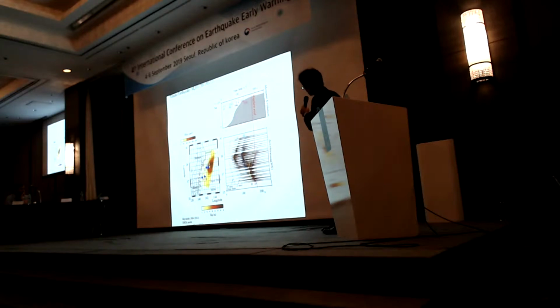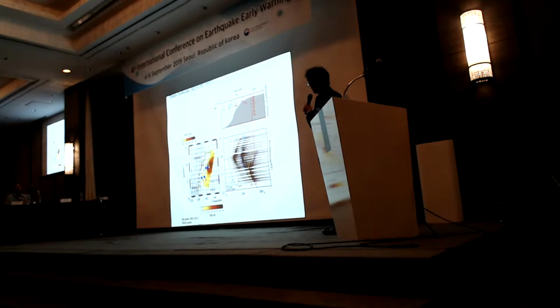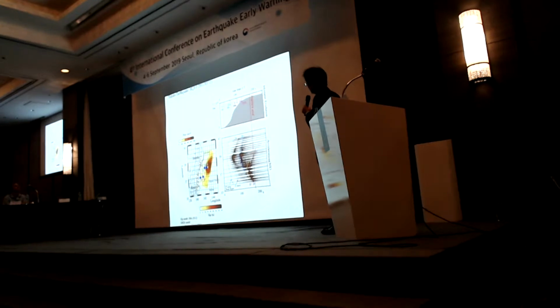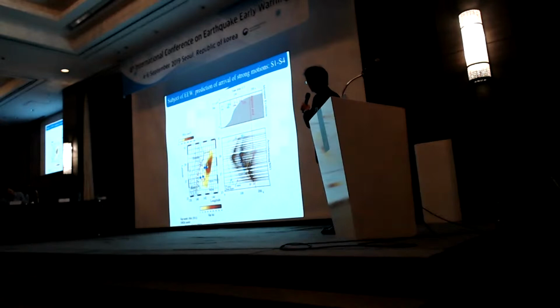Okay, so this is the accelerogram observed at stations. So you see the propagation of strong motion, S1, S2, S3, and S4. Okay, so I repeat again, the subject of EEW is a prediction of the arrival of strong ground motion, such as S1 to S4. So there are three important things in this figure.